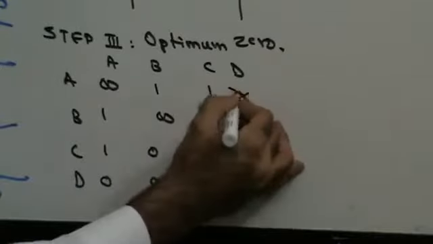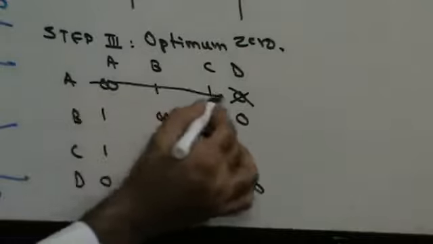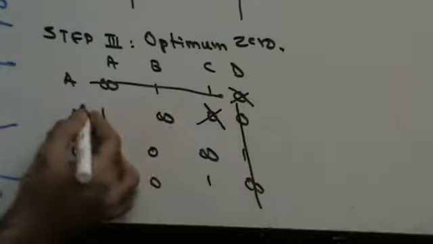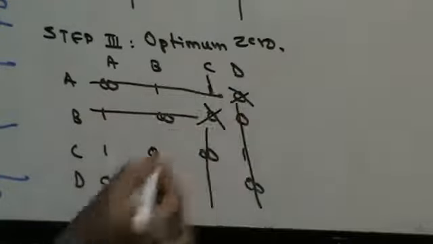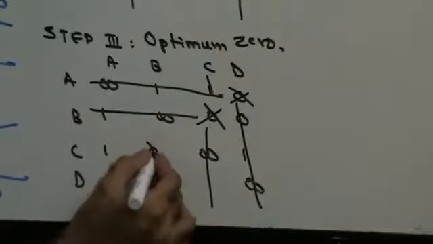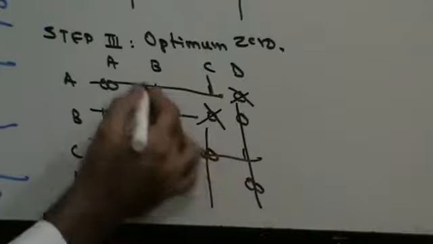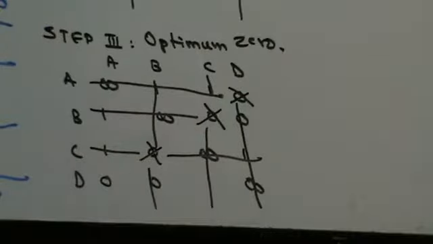Okay. Now I need to find out the optimum 0. In the first row, this is my optimum 0. So this particular row and this particular column gets cancelled. In the second row, this is my optimum 0. This row and column gets cancelled. In the third row, this is my optimum 0. So this row and column gets cancelled. In the fourth row, this is my optimum 0.